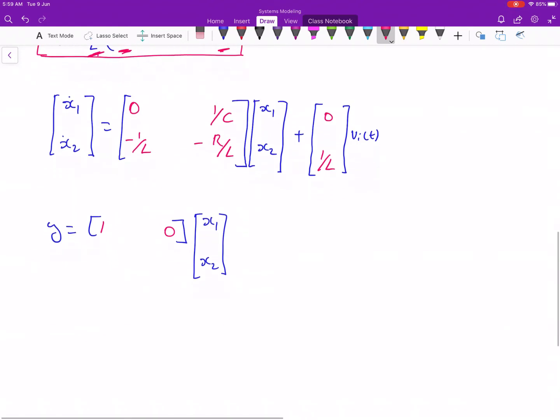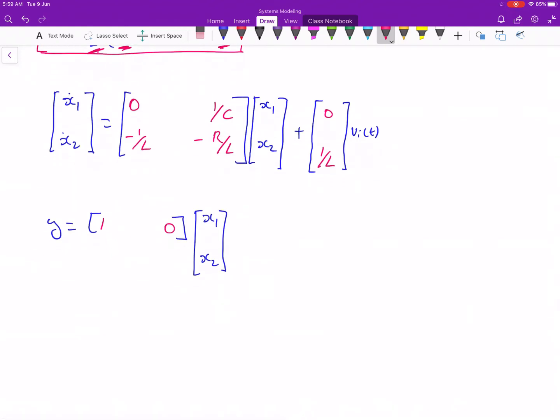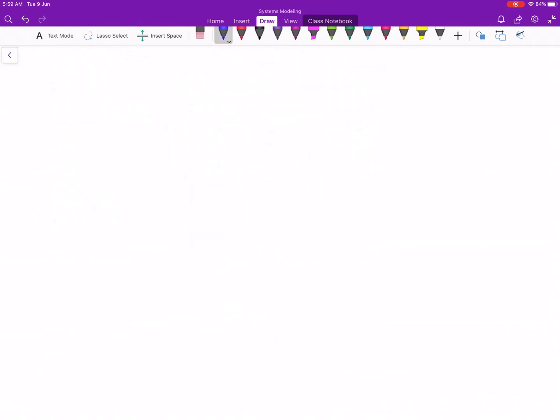So, as you can see, this is now in standard form. It's straightforward. For equations that are not complicated, this method is straightforward. Let me use another method to solve the same equation.